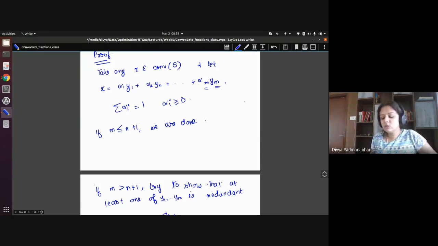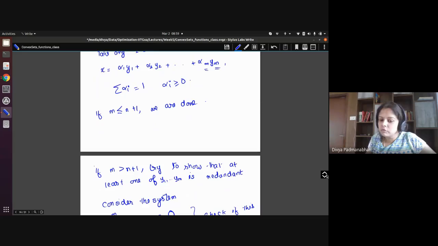The way this is going to work is that it turns out that all of them are not important, and you will show that at least one of them is redundant. Okay, and so you keep doing this. Whenever you have more than n plus 1 points in the representation, you keep eliminating one point by one point till you come to n plus 1 points. Okay, so it's kind of an inductive proof in some sense.